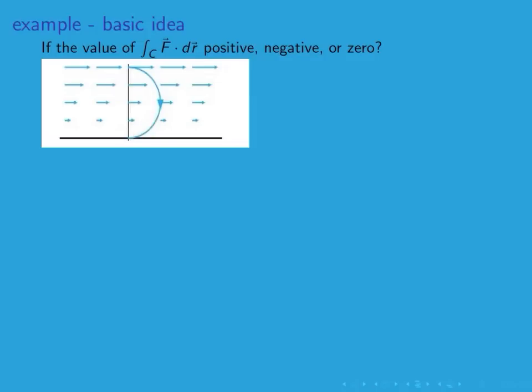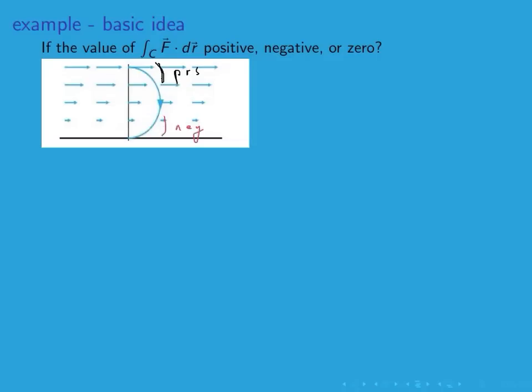So two things happen, actually three things happen. Up here at the top, the curve is going generally in the direction of the vector field and in the same direction. So up here, the contribution will be positive. On the other hand, at the bottom end of this trajectory, I'm going generally against the vector field, but the vector field is smaller. So down here, I should get a negative contribution.